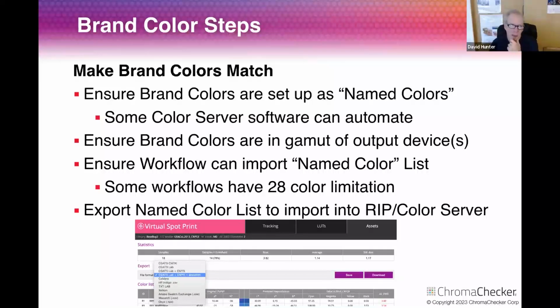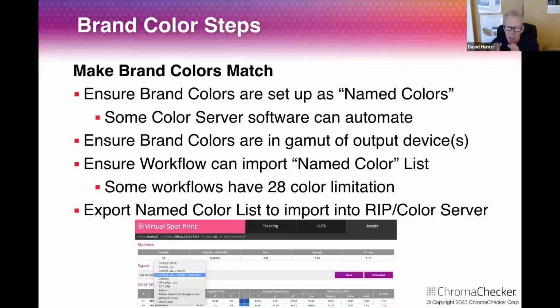So I did a job a couple of years ago where the company had a 900 patch chip book, a chip book with 900 different colors. And the RIPs that we were working with, and real well-known RIPs, couldn't accommodate more than 28 named colors.